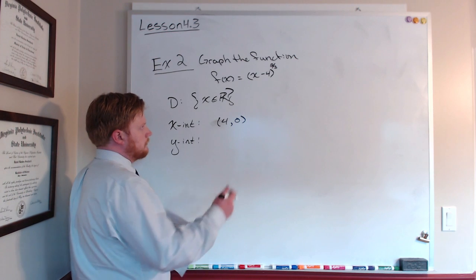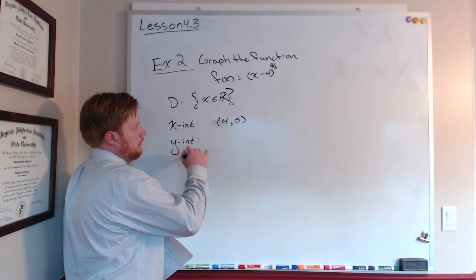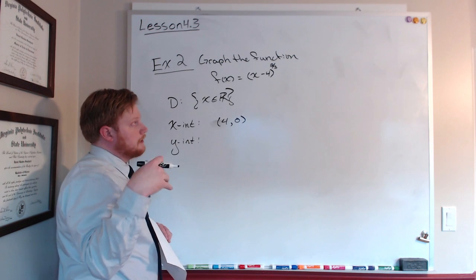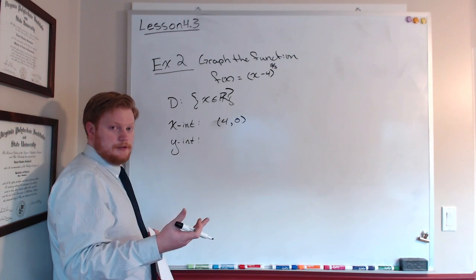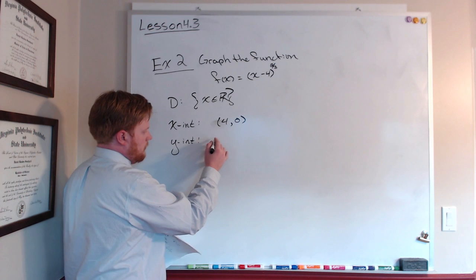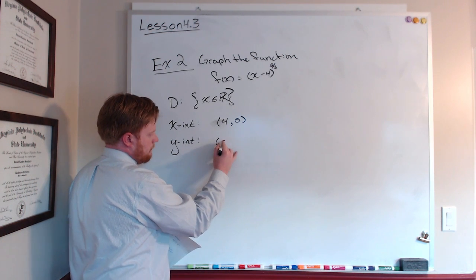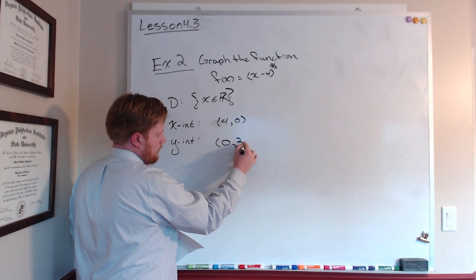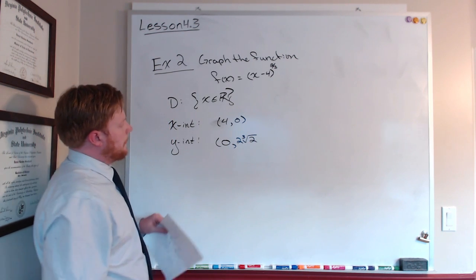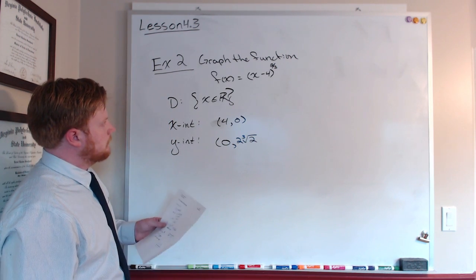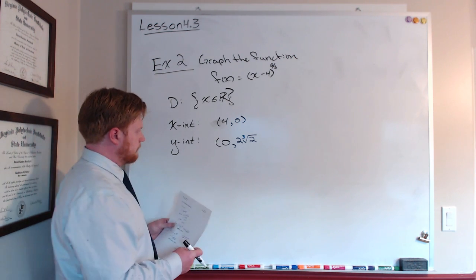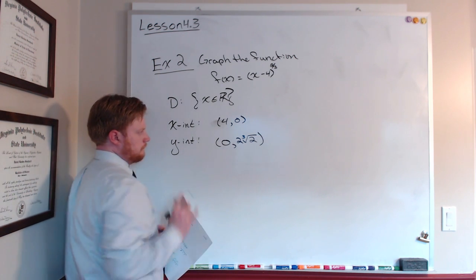When x equals 0, I get negative 4 to the 2/3 power, which is 2 times the cube root of 2.